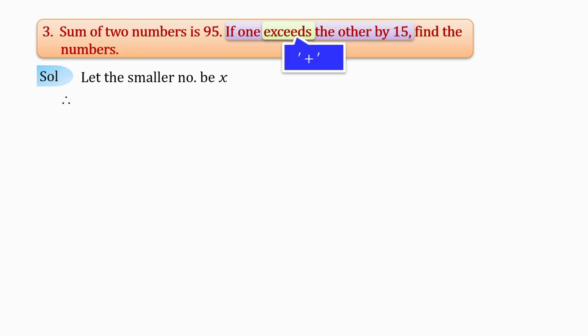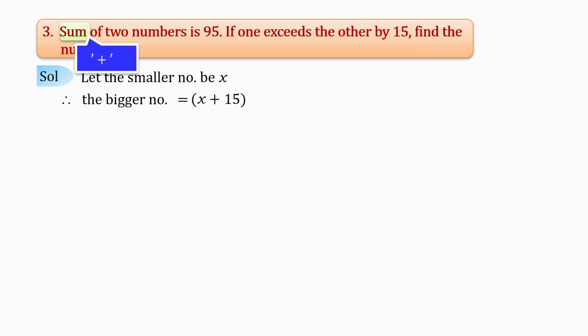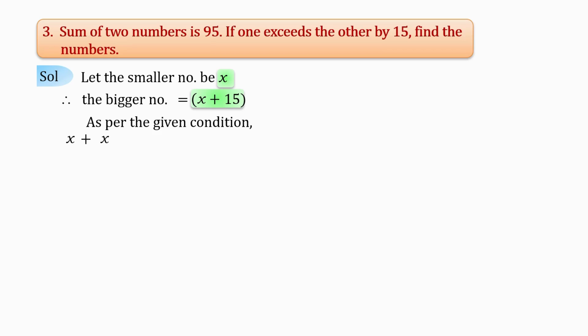If one exceeds, that means plus. So the bigger number will be x plus 15. And sum means plus. So we are going to add these two numbers, smaller plus bigger. That gives us 95.